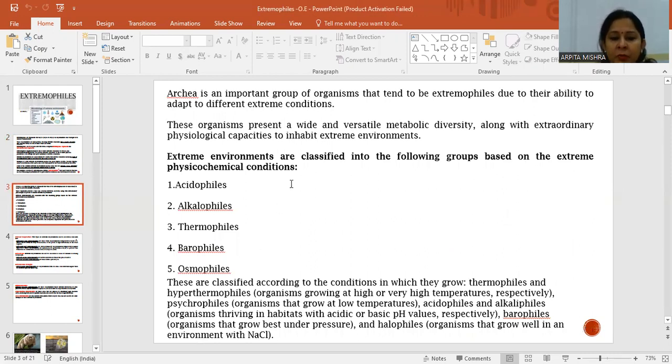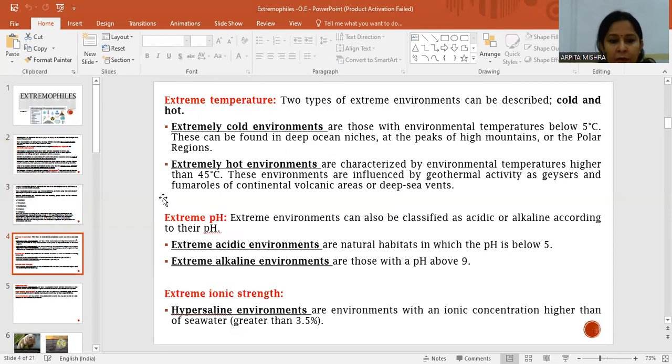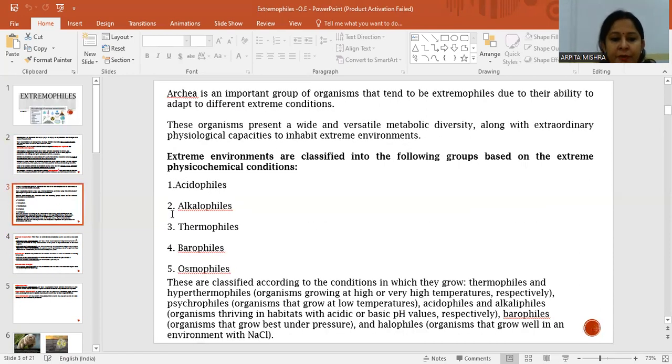So let us talk about each of those categories of the extremophiles one by one. So the first one is acidophiles. So acidophiles are the organisms or the extremophiles which can live in extreme acidic environments. Now the second one is alkaliphiles. Now alkaliphiles can live in extreme basic conditions where the pH is very high.